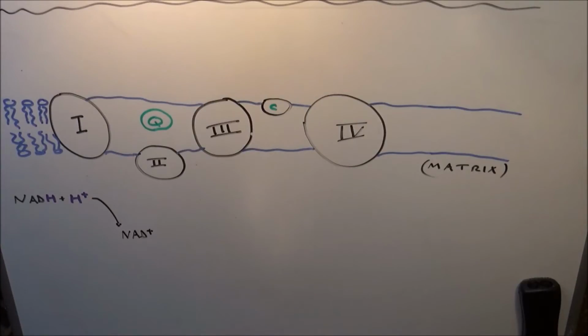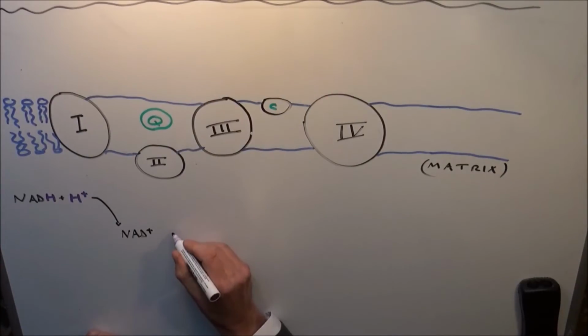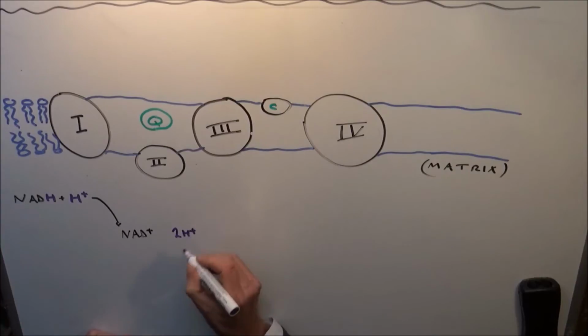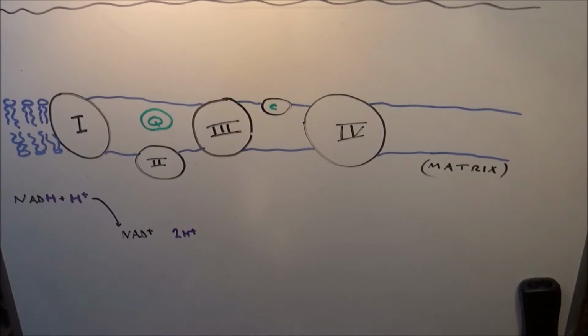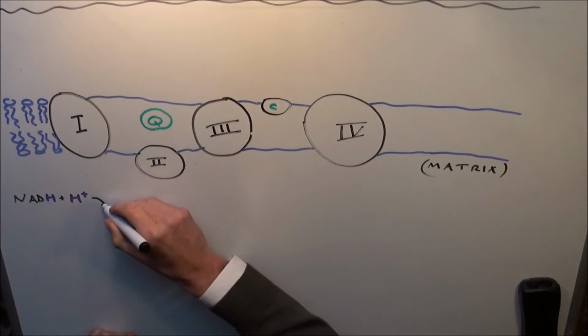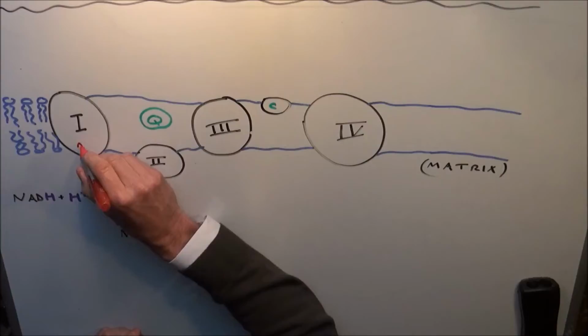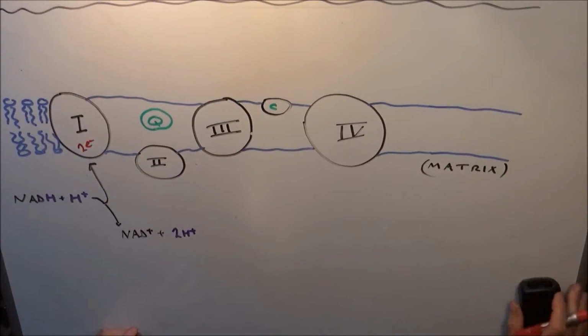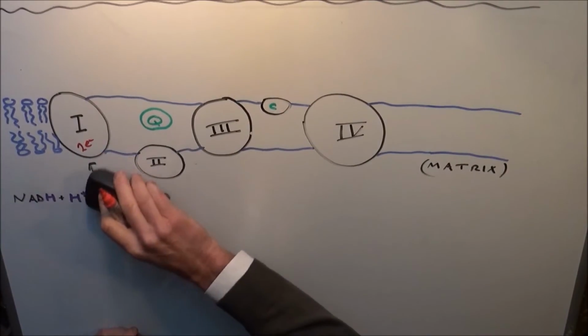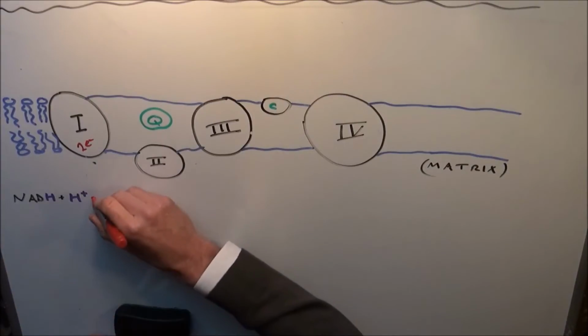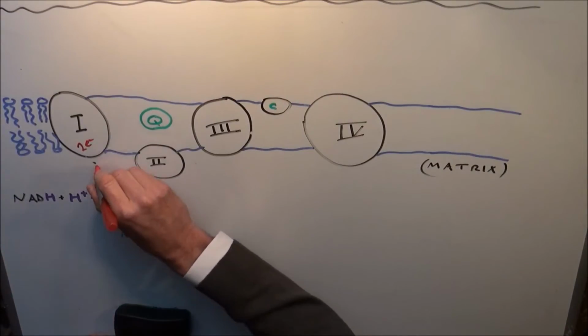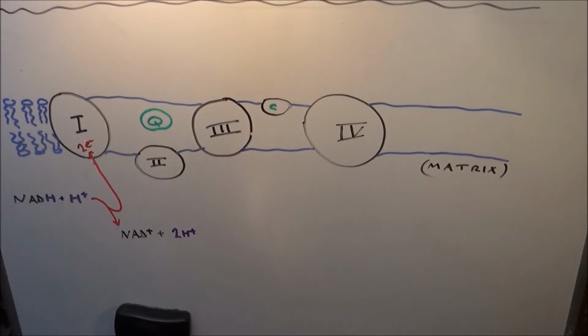We get the two protons, two lots of H+, and the electrons are delivered into complex 1. So we get the two electrons going in. I'll put that in red actually.